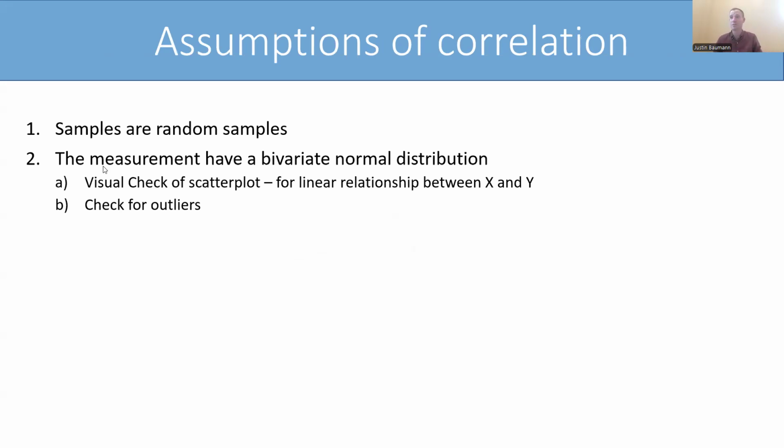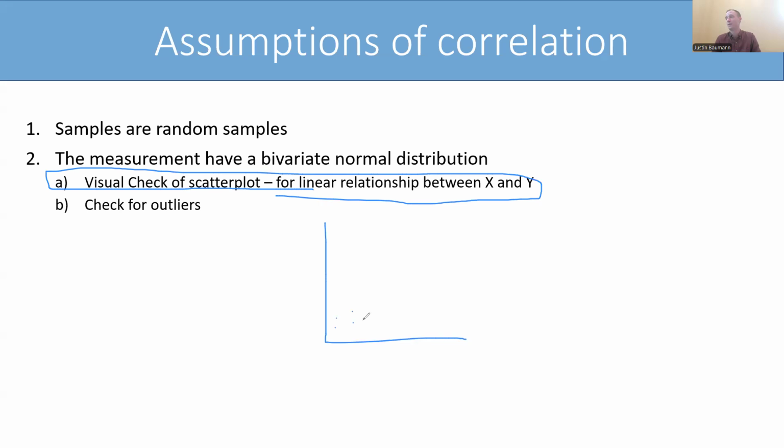The assumptions for correlation are as follows. We have random samples, just like before, and the measurements have a bivariate normal distribution. What does that mean? It basically means we have to have a relationship between X and Y that looks pretty linear. You do a visual check of a scatter plot and you look for this kind of thing, some kind of linear relationship.